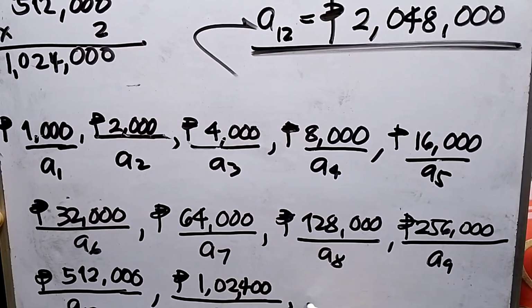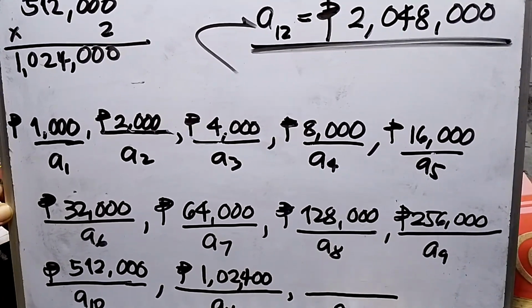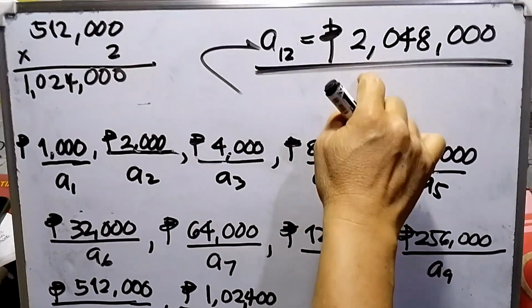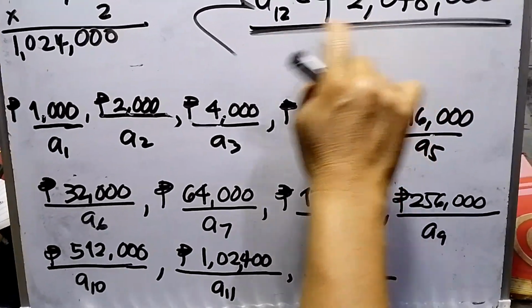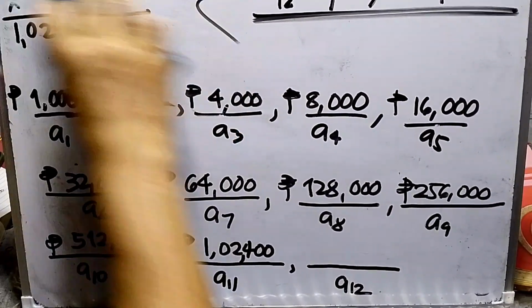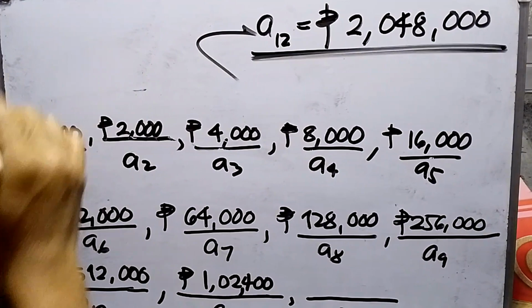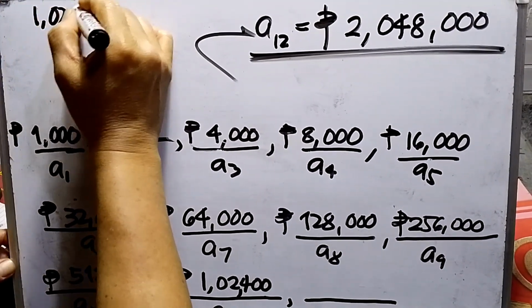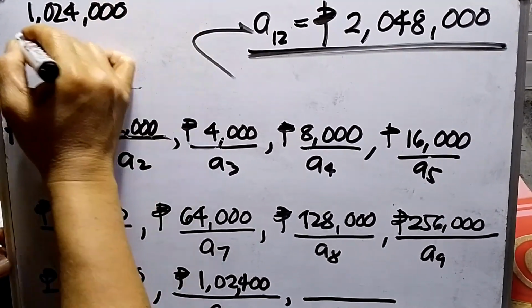Then the last, which is A sub 12. Take note, it should be the same as the A12 of my answer. So 1,024,000 times 2.